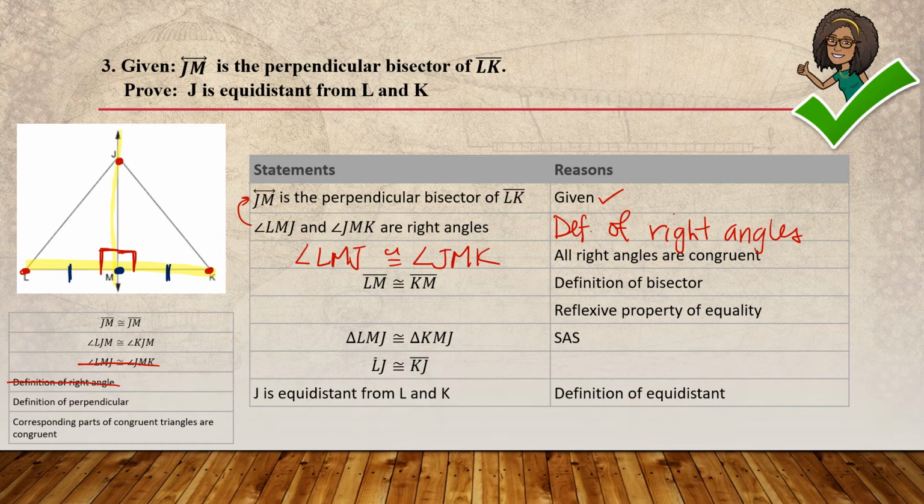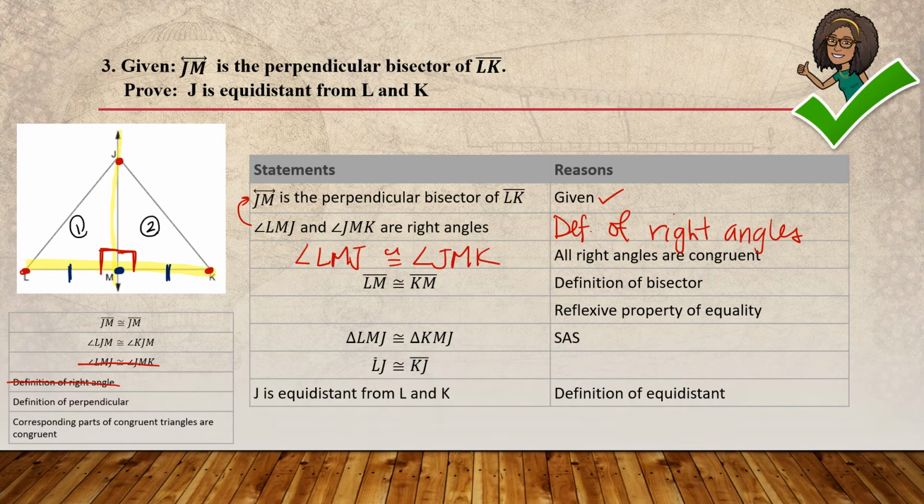And then now we're trying to find a statement for the reflexive property of equality. So remember, reflexive property means that you have one part that can be found in 2 different figures. So if I'm looking at this as 2 triangles, right? I have triangle number 1 on this side and triangle number 2 on this side.